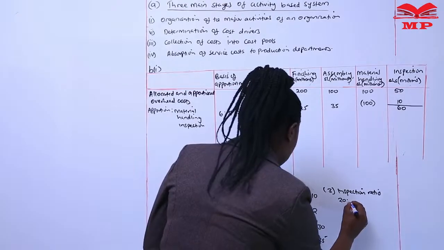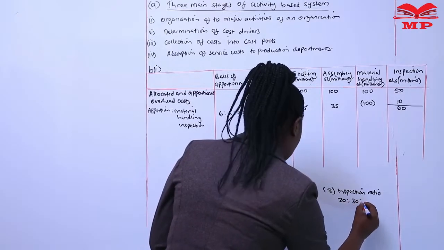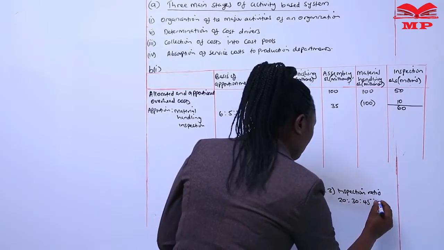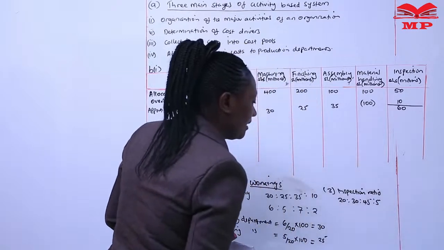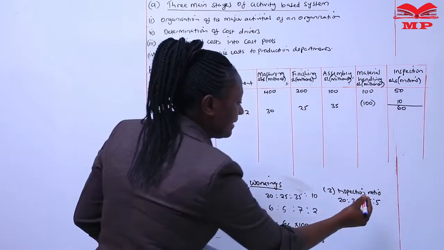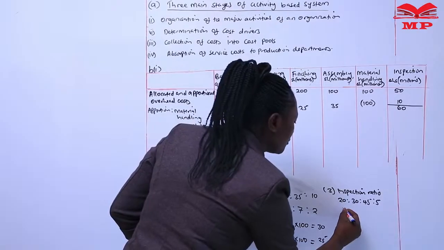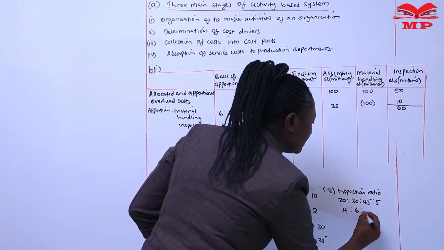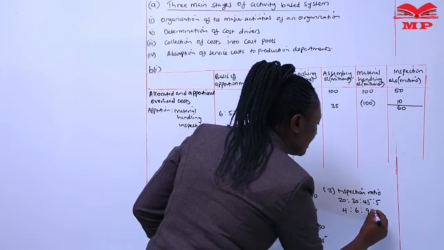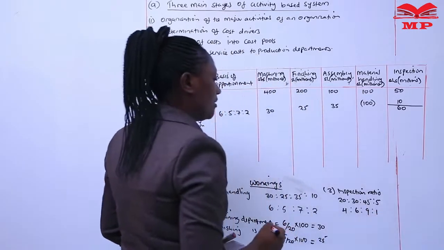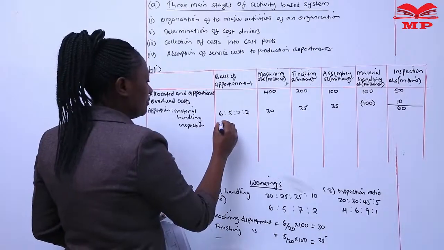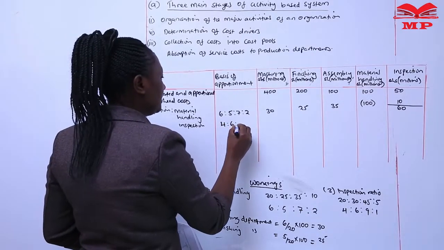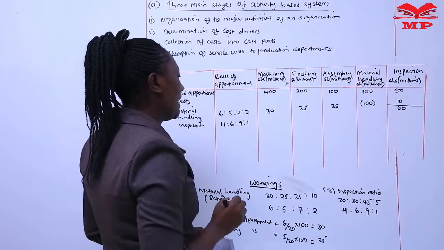So we have 20 to 30 to 45 to 5. The lowest figure that can be divided in all these is 5. So 5 into 20 is 4, into 30, 6, into 45, 9, and into 5, 1. So we have the ratio of 4 to 6 to 9 to 1.